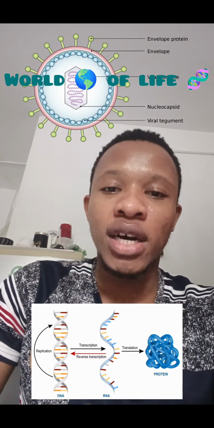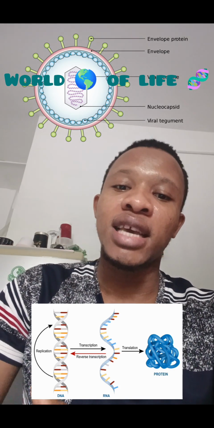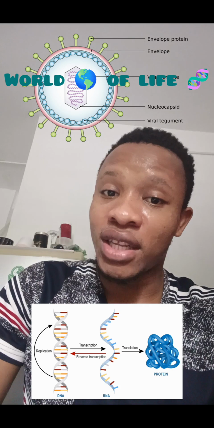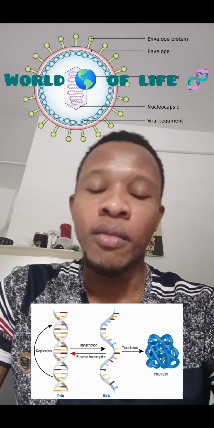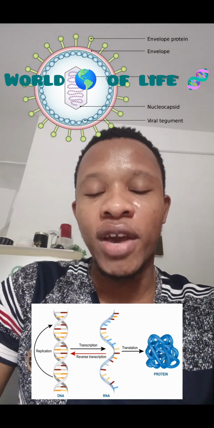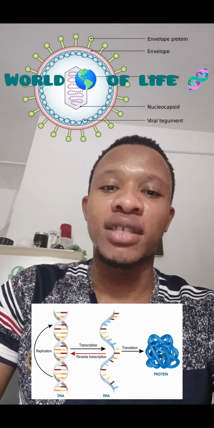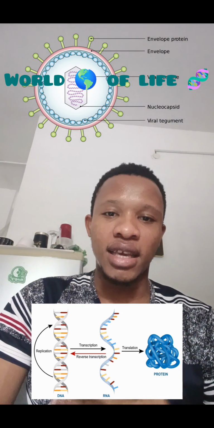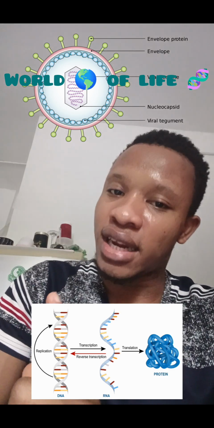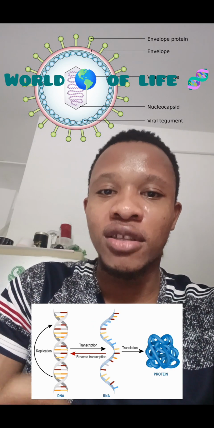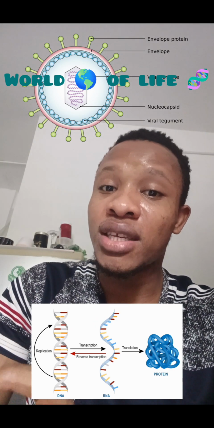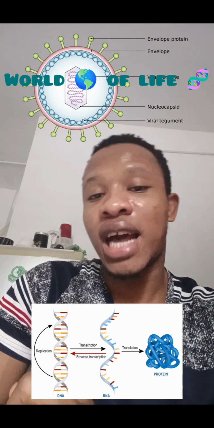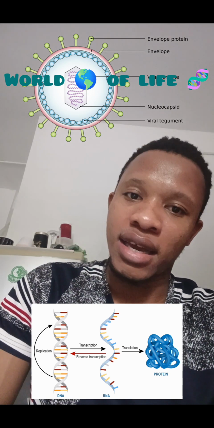So that is why some people say virus is a living thing and also non-living thing. Some people argue that virus is actually in the center between living and non-living. But if I should say virus is not a living thing, the reason is because it is made up of protein coat and a strand of either DNA or RNA.